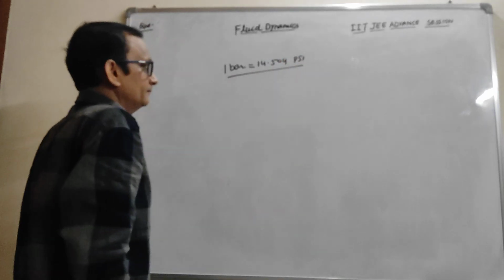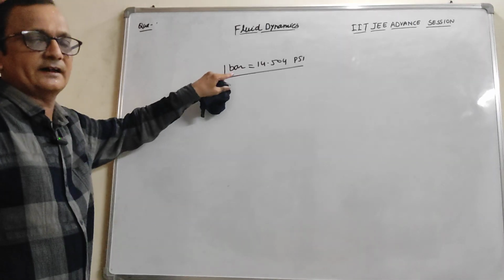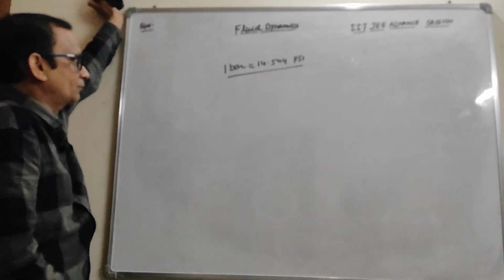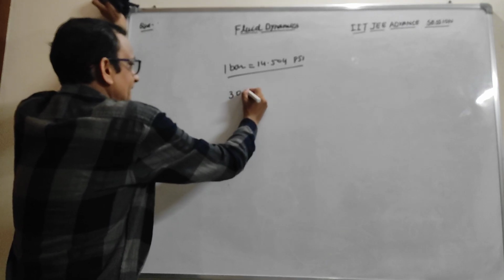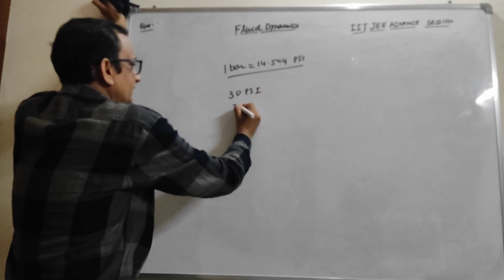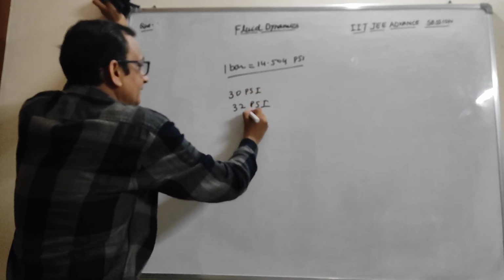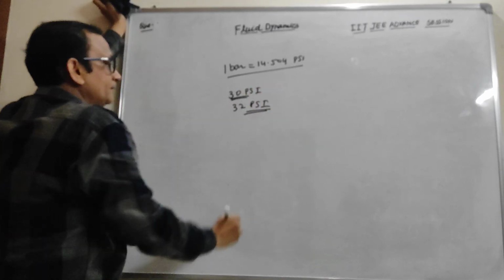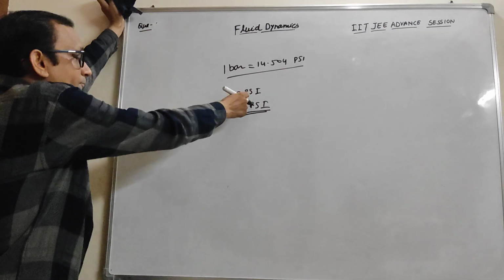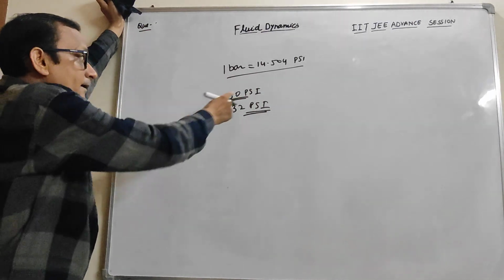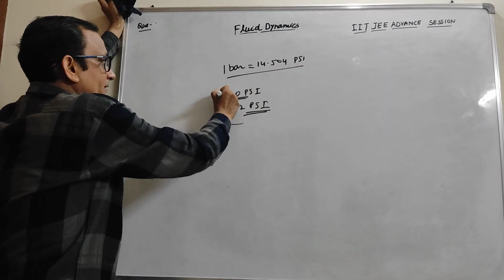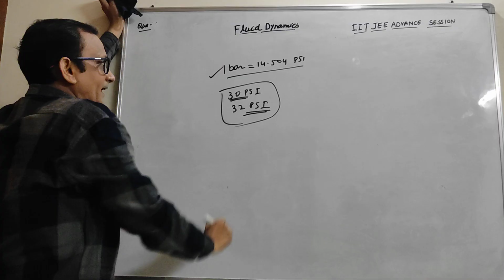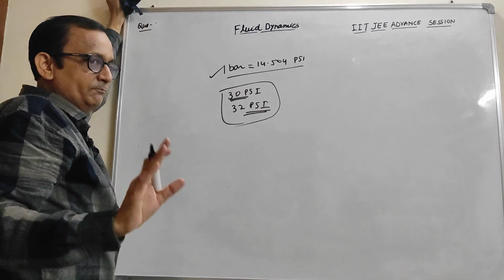So bar is big unit. 1 bar is 10 raised power 5 newton per meter square, and this is psi. So we say 30 psi, 32 psi. This is the pound force per square inch. This is bar.